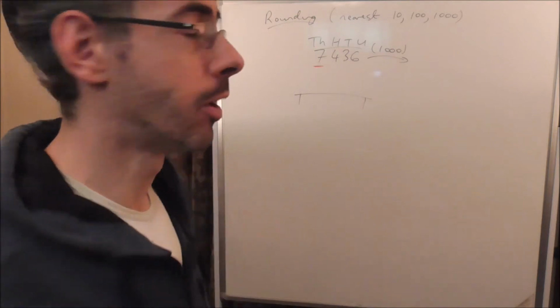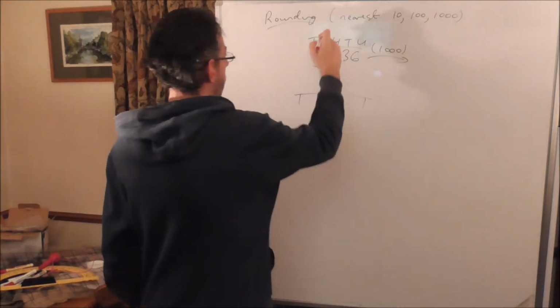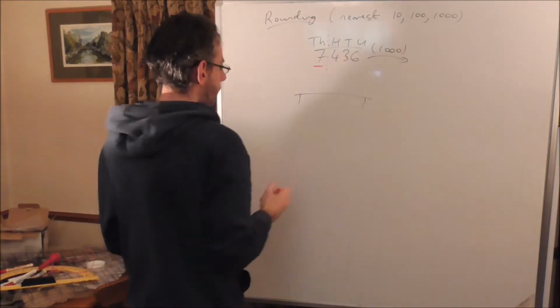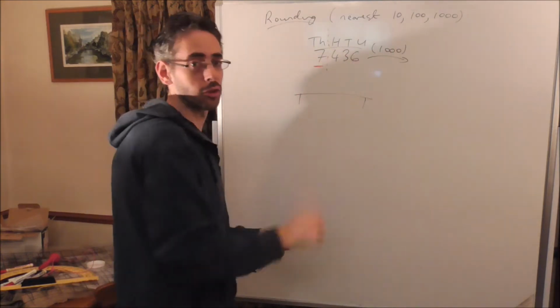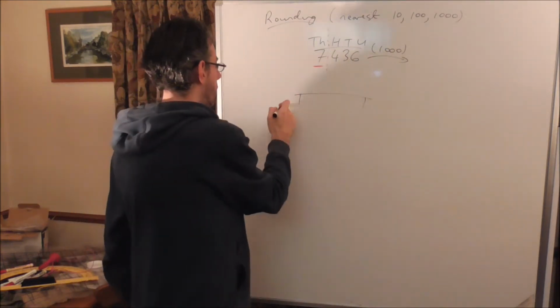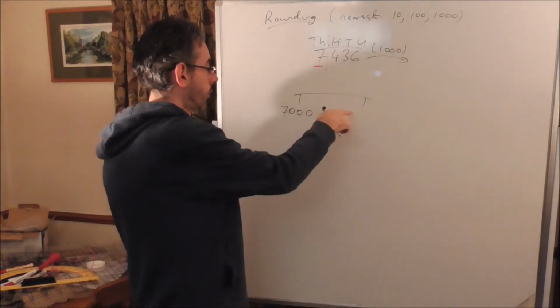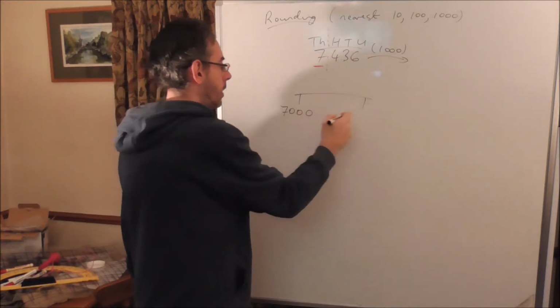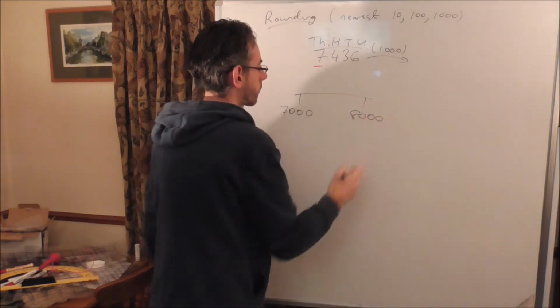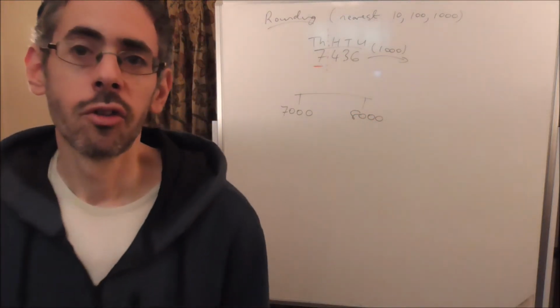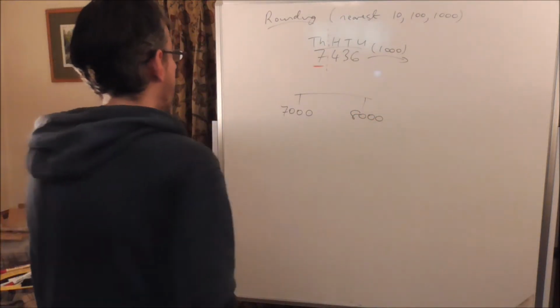To get the thousands number directly below this number, just get rid of everything to the right of the thousands digit. Get rid of the hundreds, tens and units, replace them with zeros. That'll be 7,000. The next thousands number after that, just add 1,000, is 8,000. So is our number closer to 7,000 or 8,000?